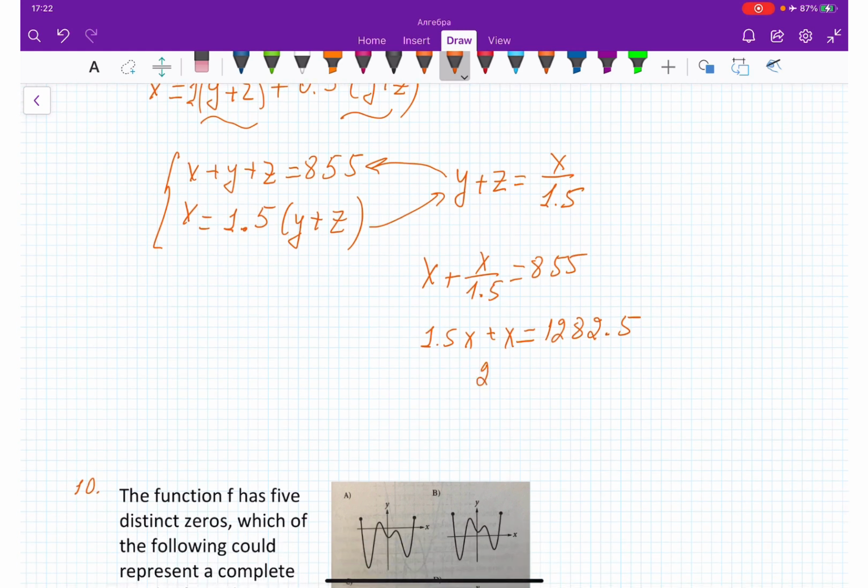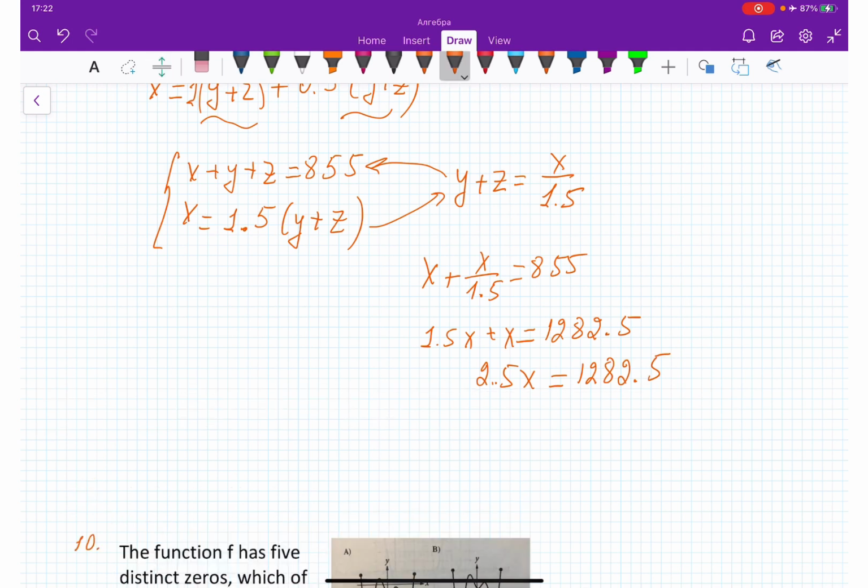So from here, 2.5x is equal to 1282.5, and x is equal to 1282.5 over 2.5, and this is equal to 513. Okay, so we practically found the value of x, which is 513.